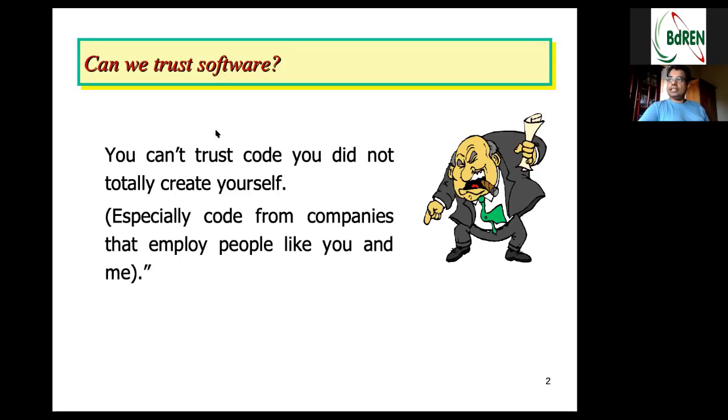The other fundamental question we should ask when we have software is: does the software do what it is supposed to do? If the software is for word processing, it should only do word processing. It should not collect your email addresses or other details. If a software is for writing emails, it should not look at other tasks. The software we use should do what it is supposed to do.